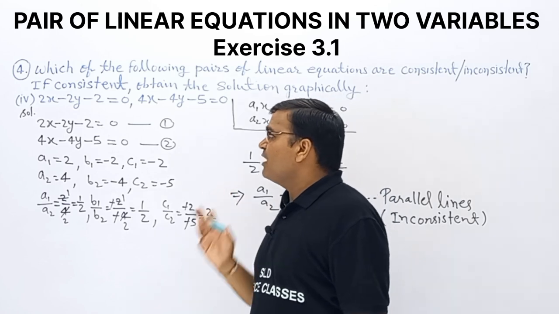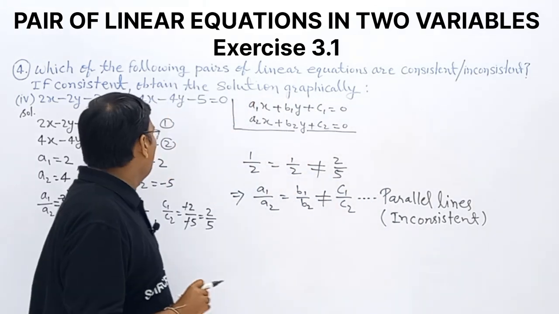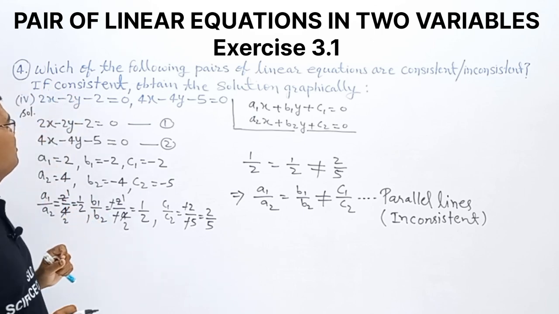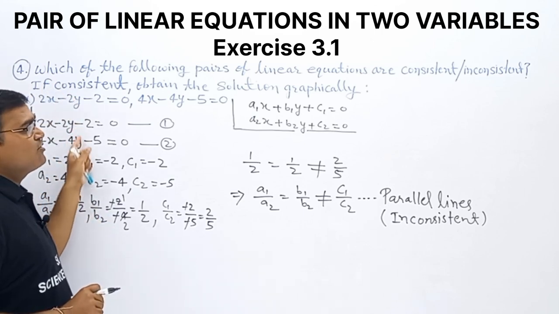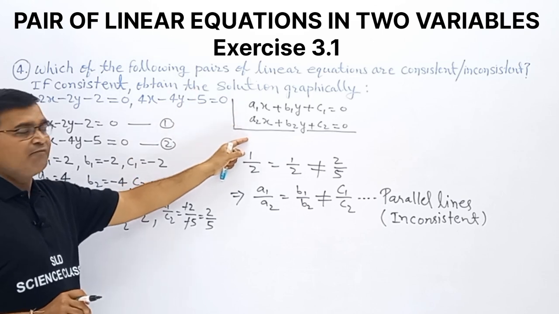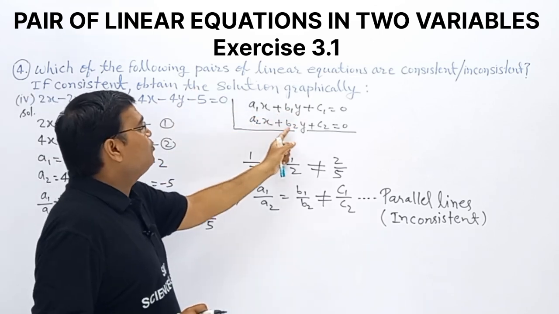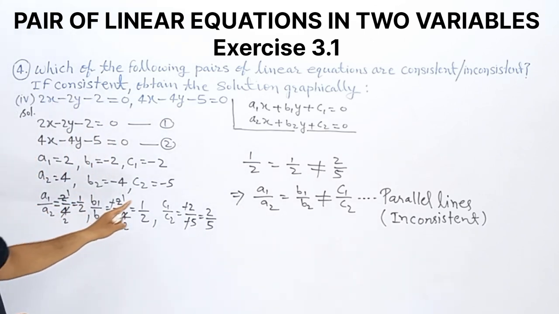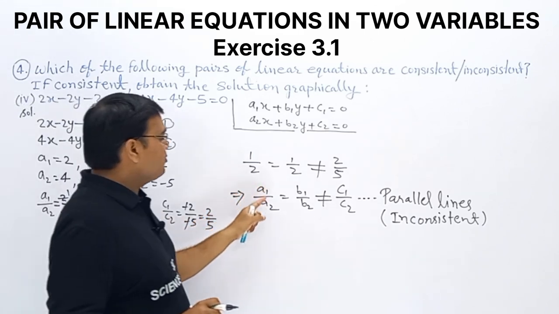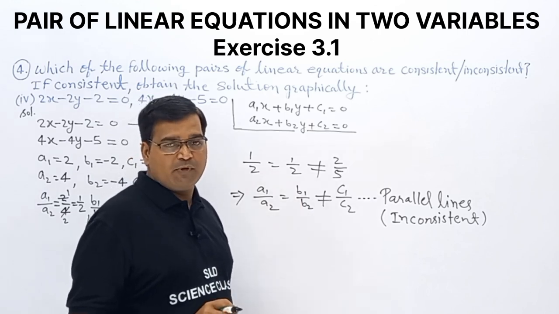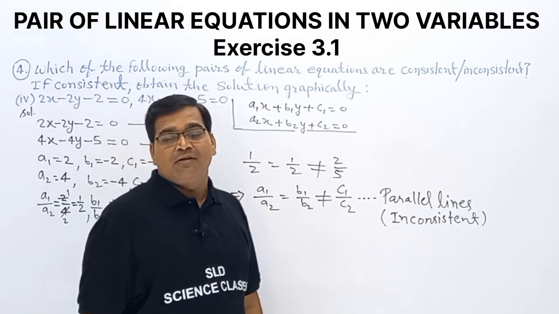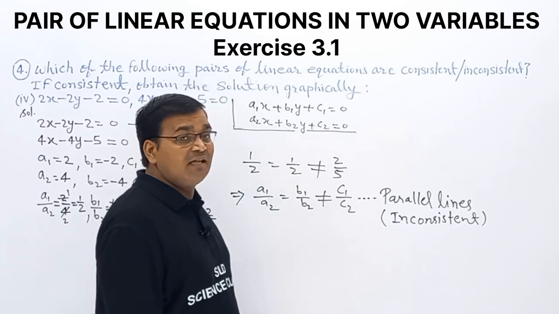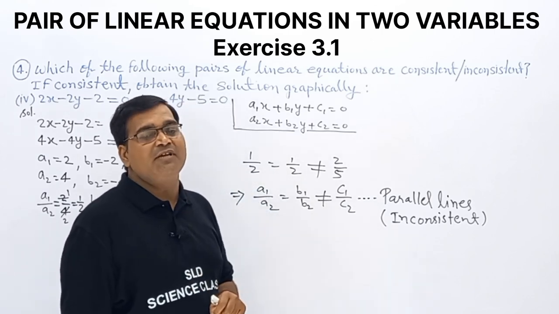So observe again what we did. We completed question 4 based on consistent or inconsistent. Simple. First we compare the linear equations with the general equations and find a1, b1, c1, a2, b2, c2. Then find the ratios a1 upon a2, b1 upon b2 and c1 upon c2. If a1 upon a2 is not equal to b1 upon b2, we get intersecting lines, which are consistent, and we can find the solution graphically.